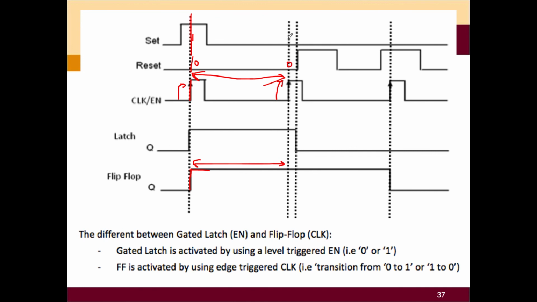It is 0, 0 over here, so it remains the same, no change until your next clock. Over here you will see the value is 0, 1. It will be reset. So that's why you get the output here. Please try to understand the difference between the enable and the clock. It's very important.